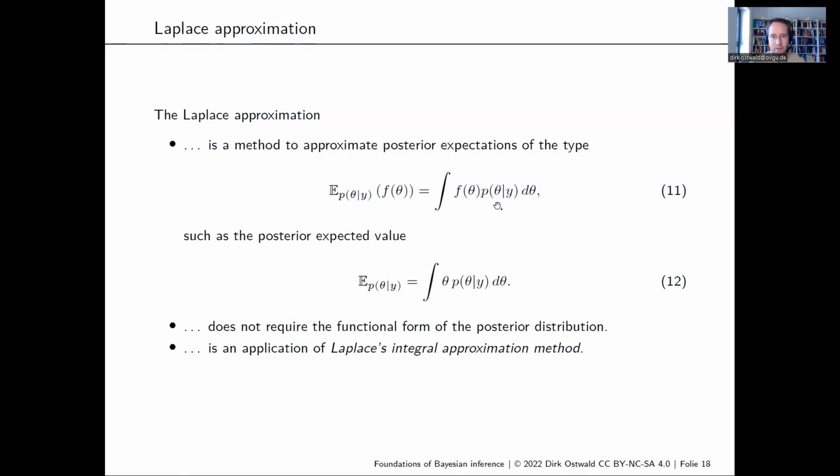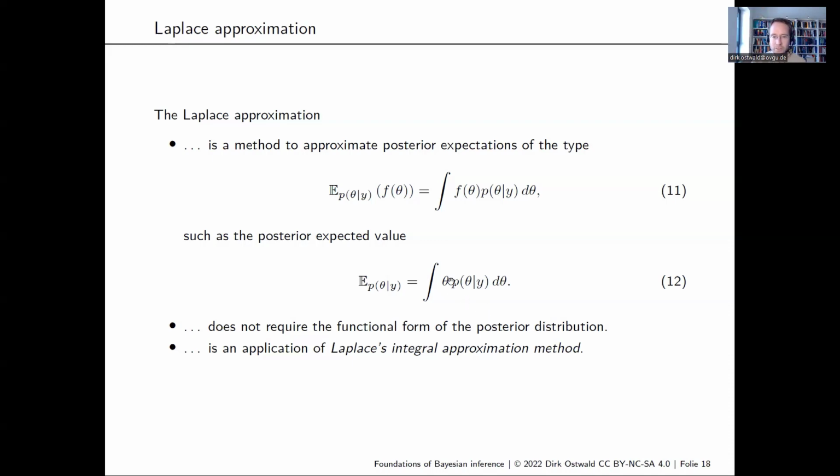If we have a posterior density p of theta given y, and we want to evaluate the expected value of some function of the parameter, for example, just the posterior expected value where we have theta here, or, and this is not on the slide, but I think it also works, although this is of course taken from some book.